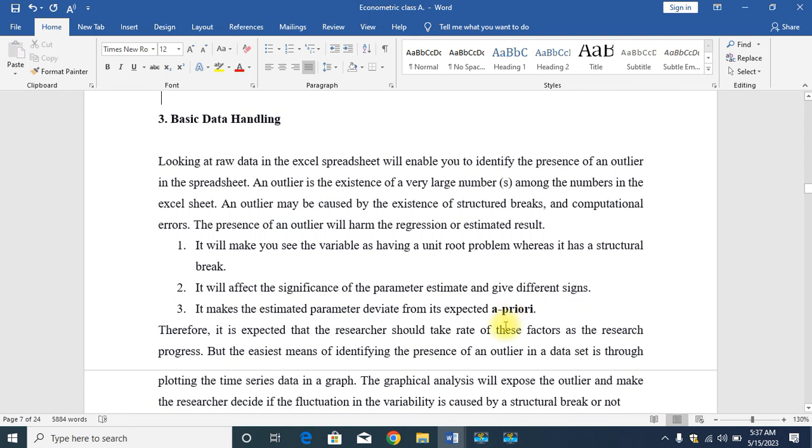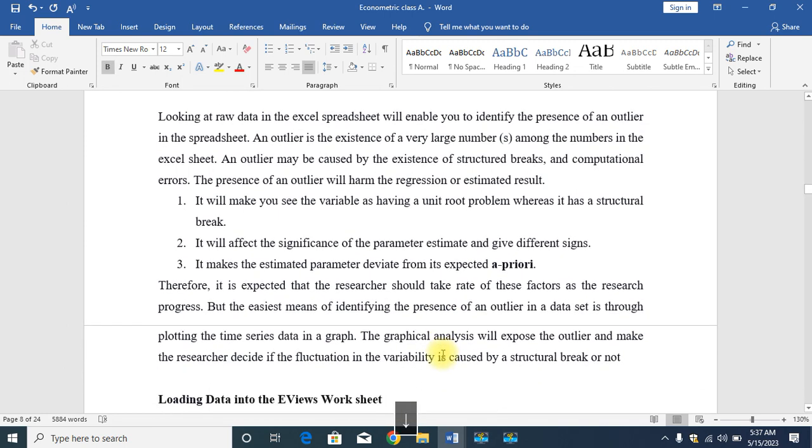Therefore, it is expected that the researcher should take a critical assessment of the data sets before the estimation is done in the first place. And the easiest way to identify the presence of an outlier in any data set is to plot a line graph of that particular data set, because the line graph will expose the data set to the reader, enabling you to know the presence or absence of an outlier in the data set.